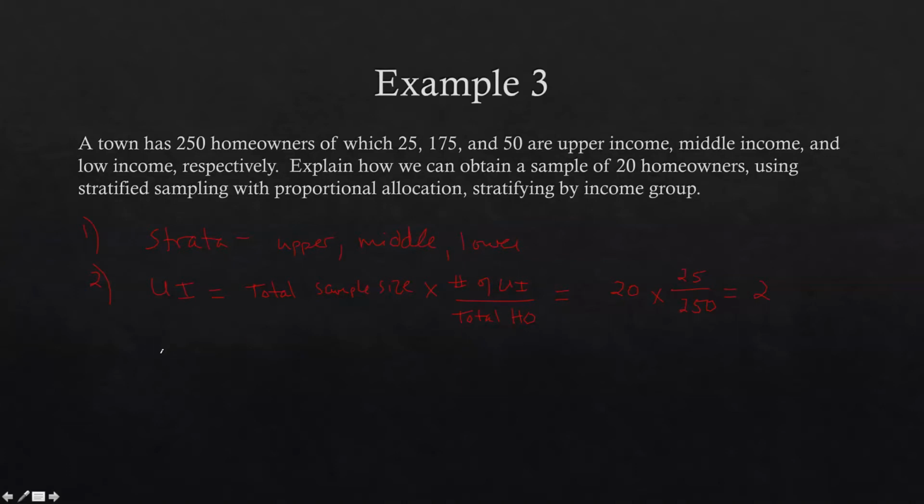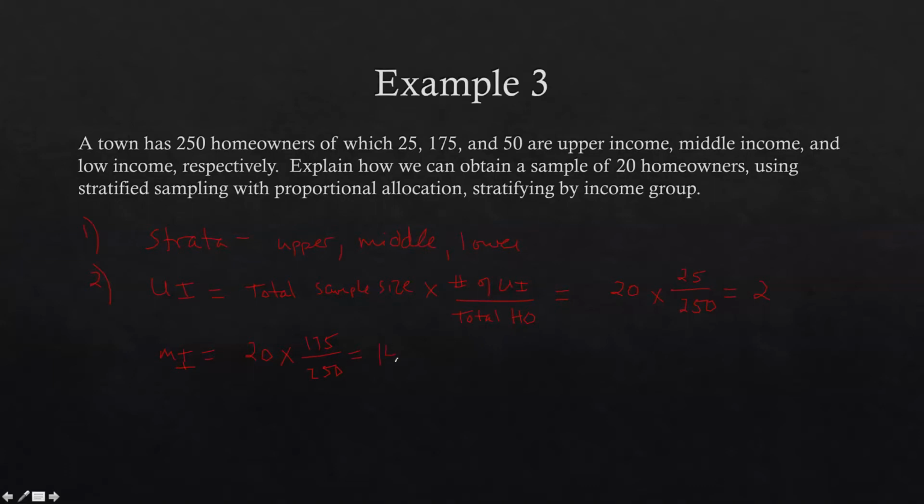Let's look at the middle income, and we do it in a similar fashion. Total sample size times the number of middle income, which is 175 over 250, which equals 14.